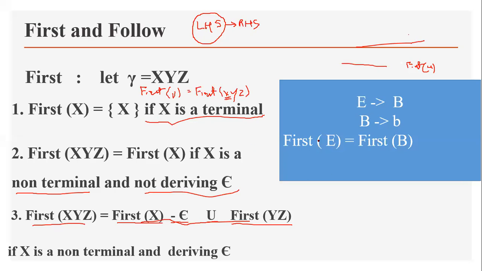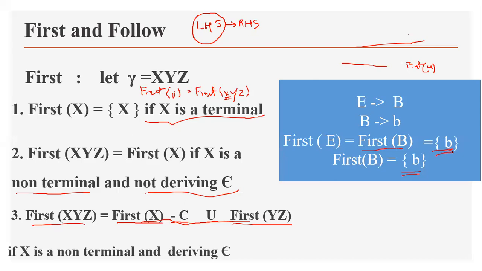When you find first of B, it is small b, because small b is a terminal. Is it clear? That itself is the answer, and you can assign that value.